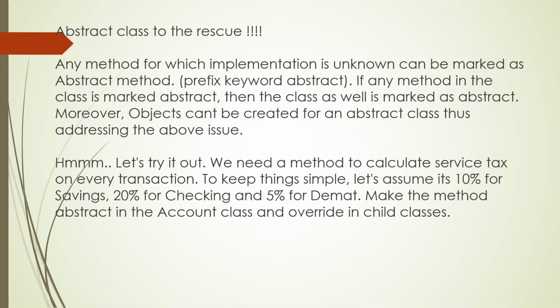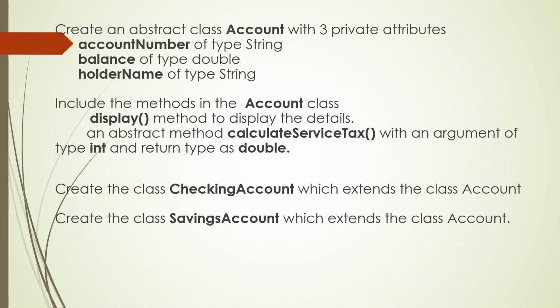Let's try it out. We need a method to calculate service tax on every transaction. To keep things simple, let's assume it's 10% for savings, 20% for checking and 5% for demand. Make the method abstract in the Account class and override it in the child classes. Consider an abstract class called Account with three private attributes: account number, balance, and holder name.